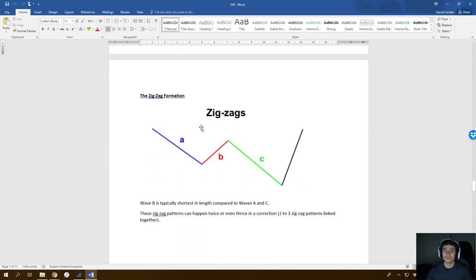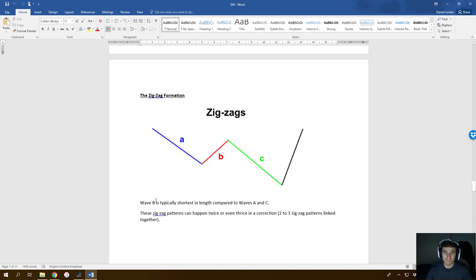Formation number two, the zigzag formation. The zigzag formation is where you're getting a big counter trend of wave A. So say we've had our 5 impulse waves up here. We are then getting a very big down A correctional wave. We are then getting a small wave B up, and then another big wave C downwards.